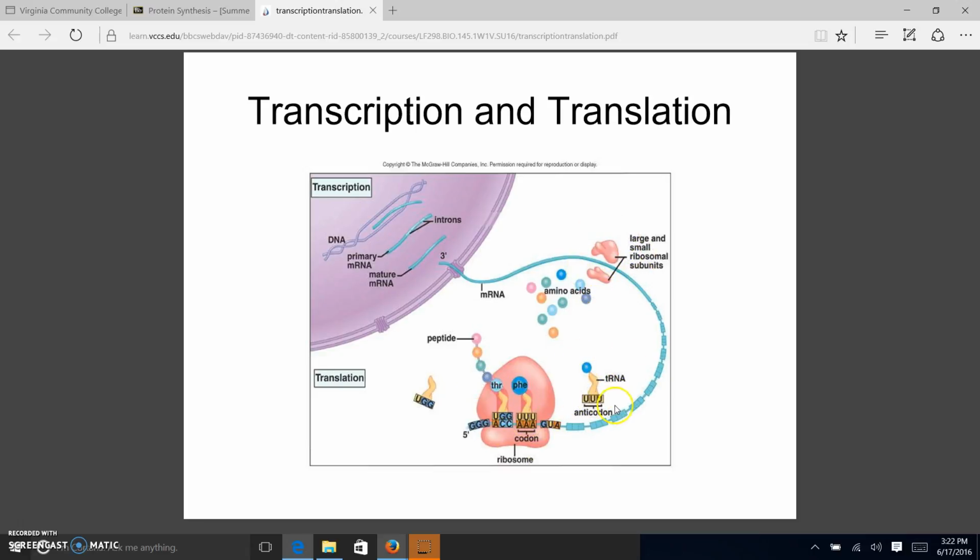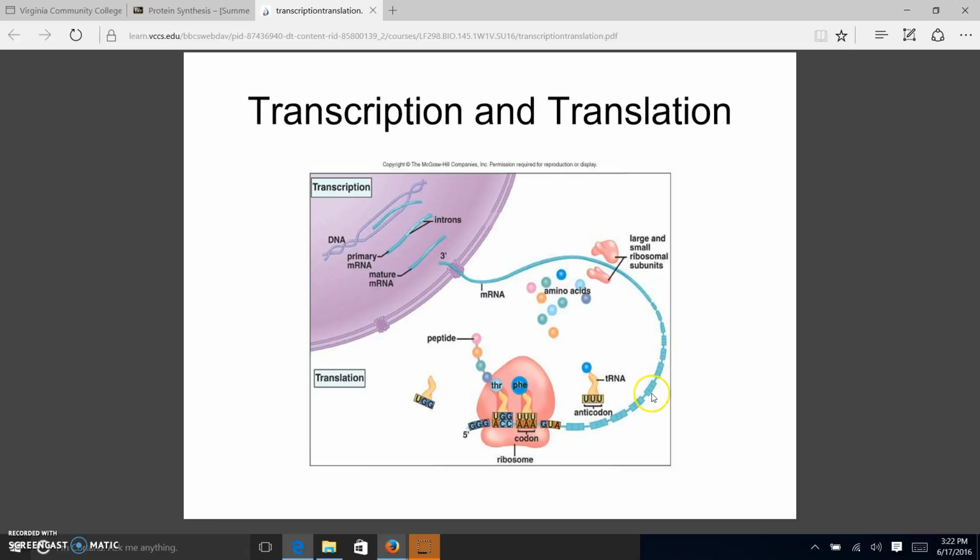Okay, the last extremely important type of RNA is tRNA, which stands for transfer RNA, because it transfers or picks up the amino acids and carries them to the factory where it then reads a code that was found on the messenger RNA.